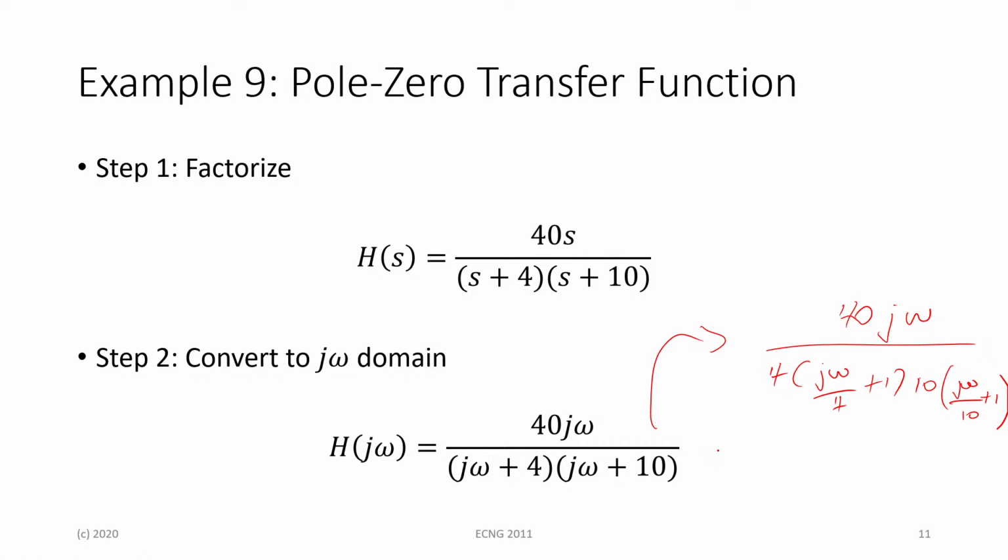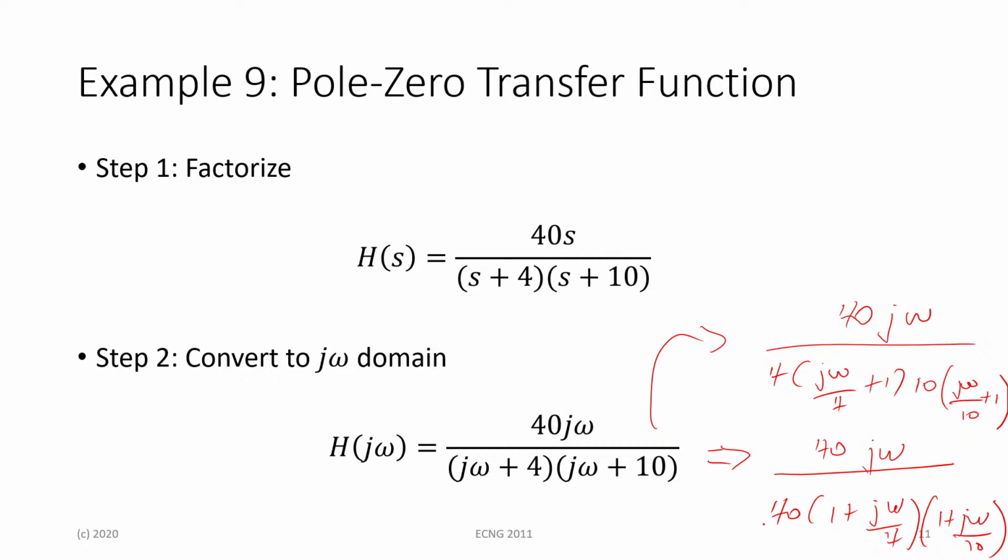And if we simplify that, that'll become 40 j omega divided by 4 times 10, which will give us 40, times (1 plus j omega divided by 4), and then (1 plus j omega divided by 10).